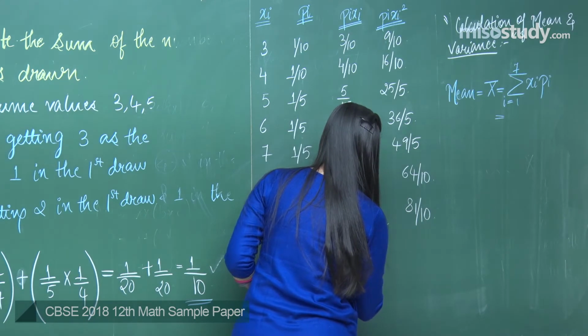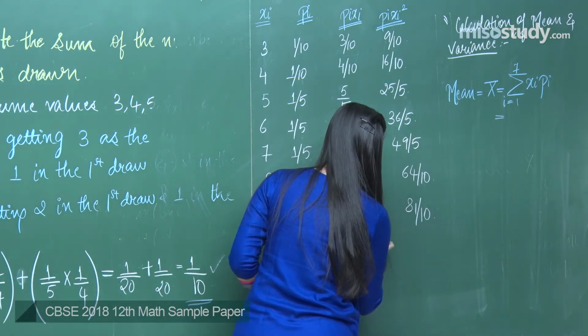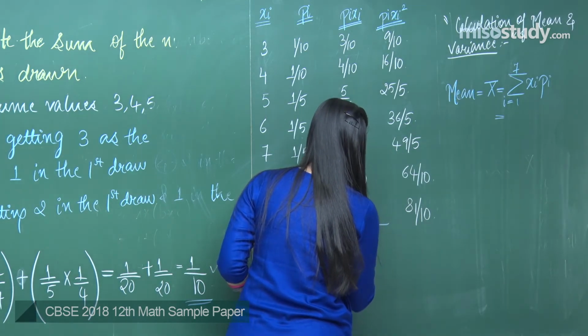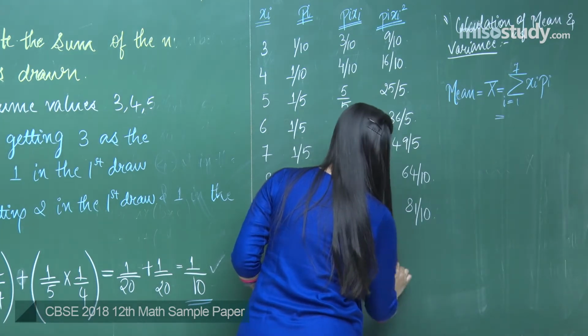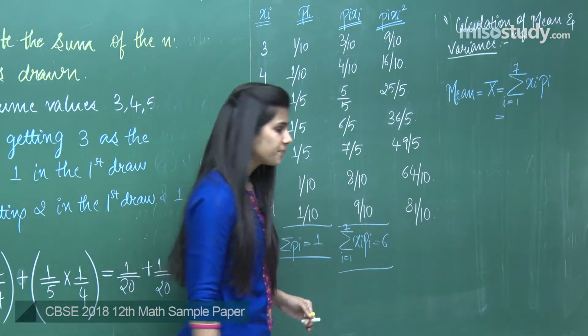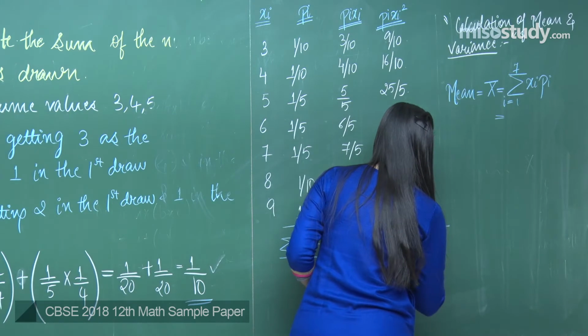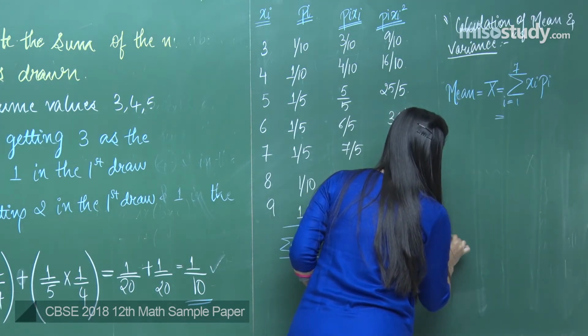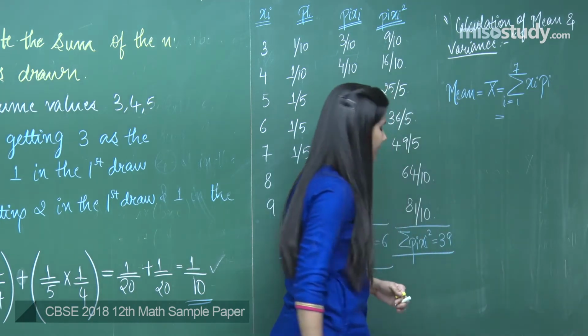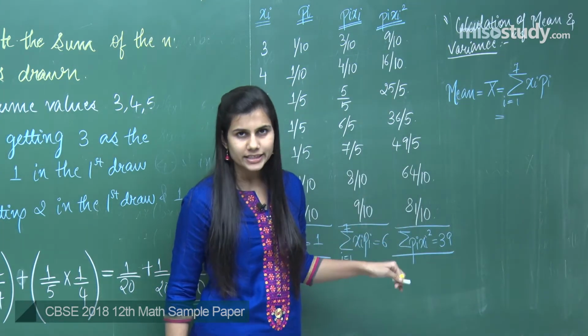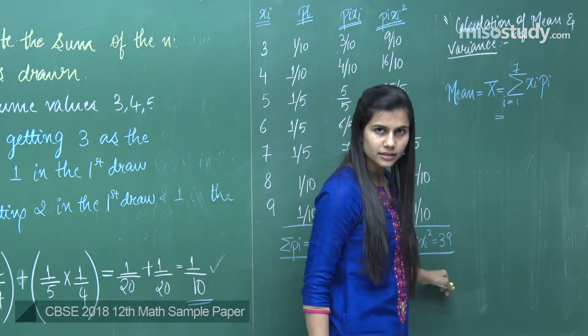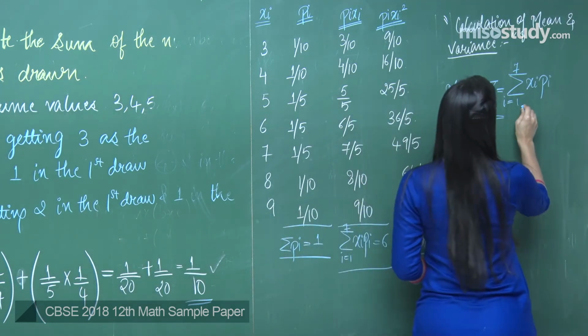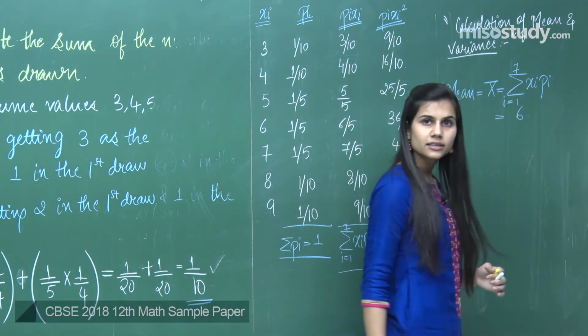If you wish to calculate summation pi xi, i going from 1 to 7, you are going to find this is coming out to be 6. And when you find out summation pi xi square, you will see this is going to come out to be 390 upon 10, which makes it a 39. So over here your mean is 6.